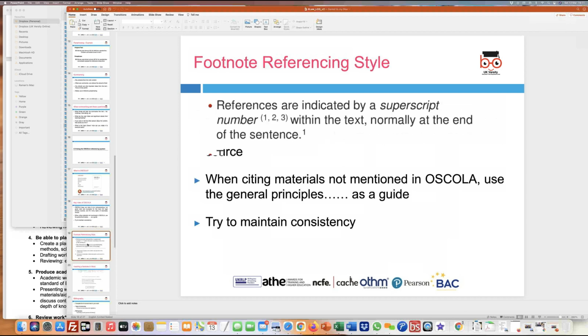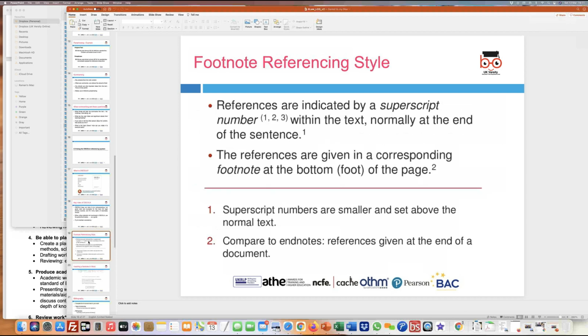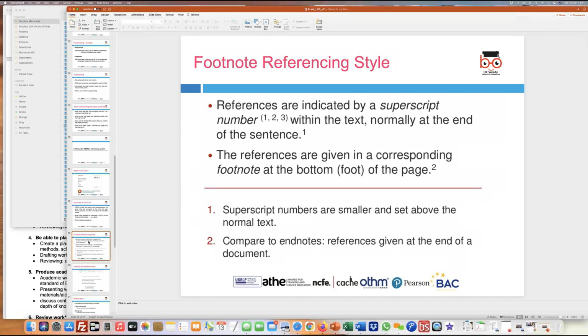There are certain characteristics of this referencing, and these typically relate to what is called the footnote referencing style. References relate to cases which have happened in the past, or case summaries that have been published earlier. When we make those references, we use what is called superscript.